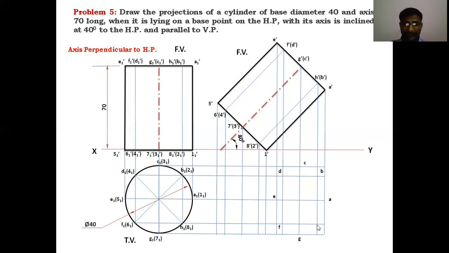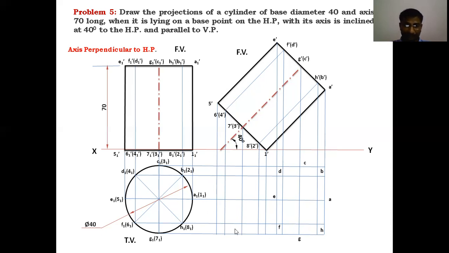And lastly, H, the point where the H dash line intersects with the H1 line. This is the H1 line. This point is the H. Okay, we will get the upper base points, which look like an ellipse from the top side. Whenever the axis rotates like this, it looks like an ellipse.